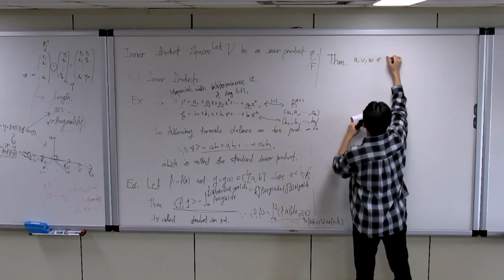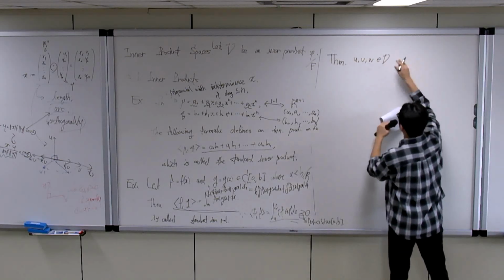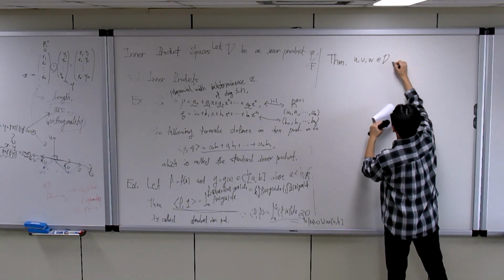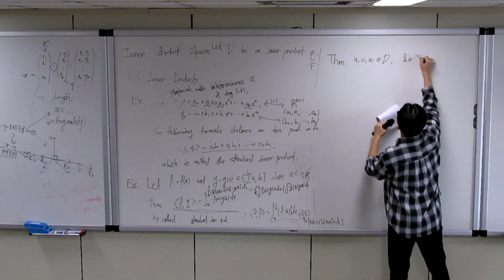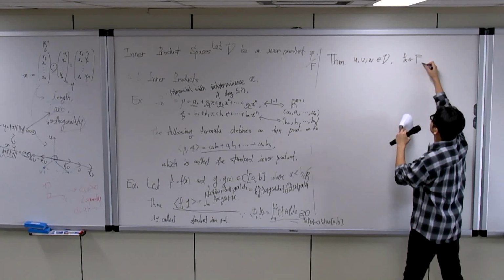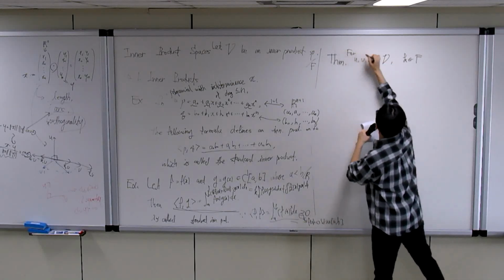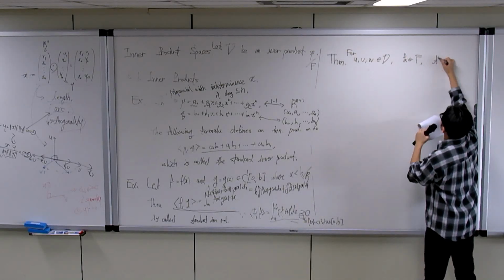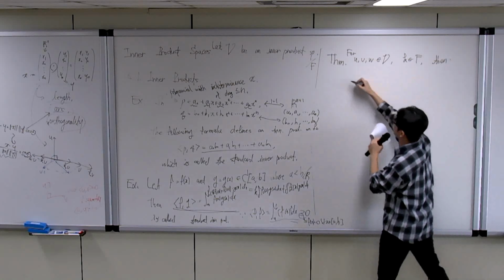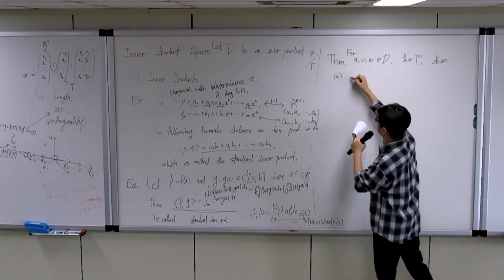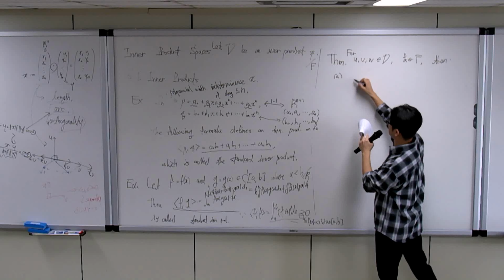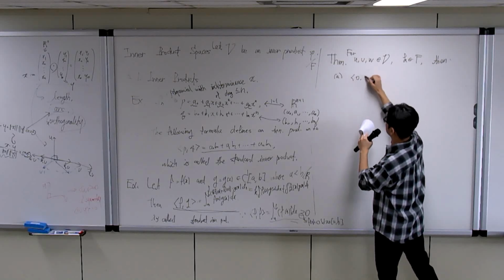u, v, w are in the inner product vector space, and k is a scalar. Then I'll give some properties.